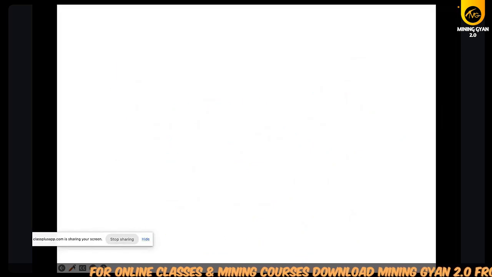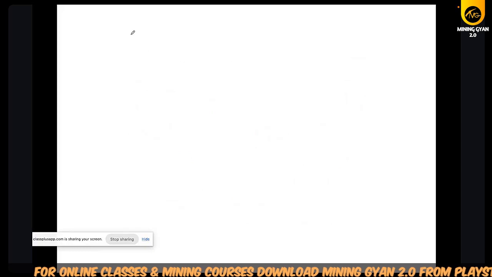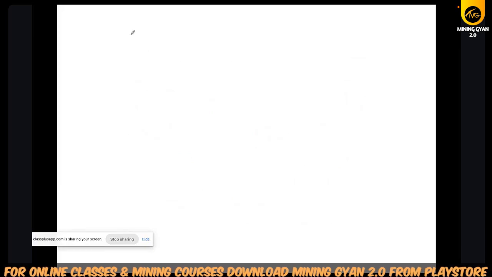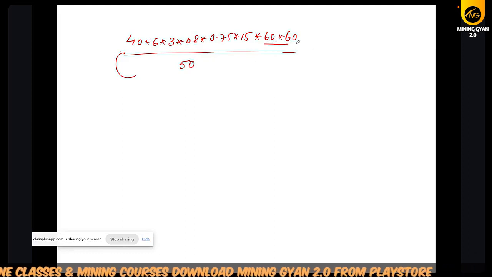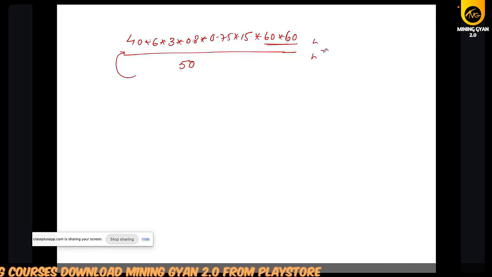What we had discussed is 40 into 6 into 3 into 0.8 into 0.75 into 15, and that 60 into 60 will come in reverse, and this is your 50 seconds. So we had converted into hours, so hour divided by hour, you will get only meter cube.